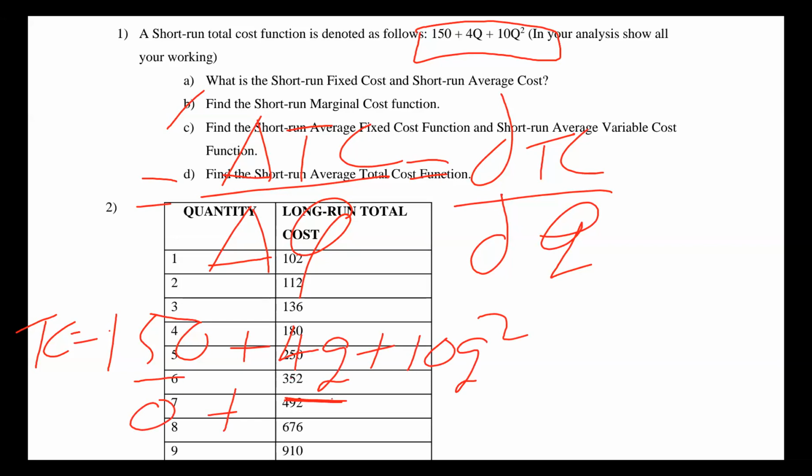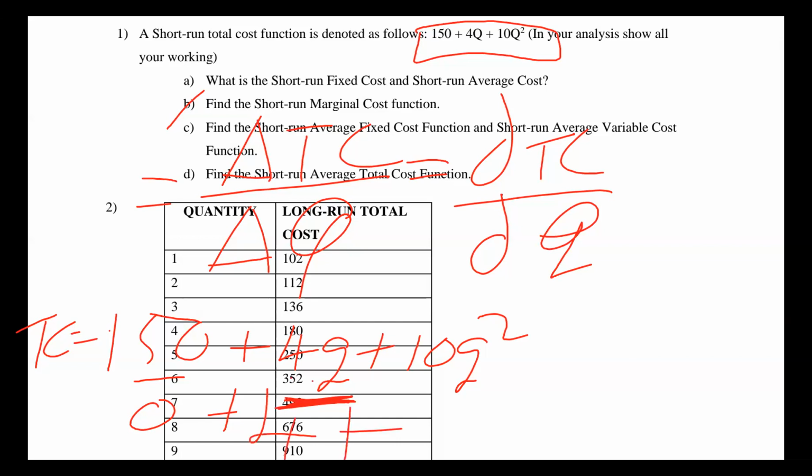Here our variable Q is just raised to the degree 1, or the highest exponent is just 1. So in such cases, according to the power rule of calculus, you just get the coefficient. Our coefficient is 4 in this case.